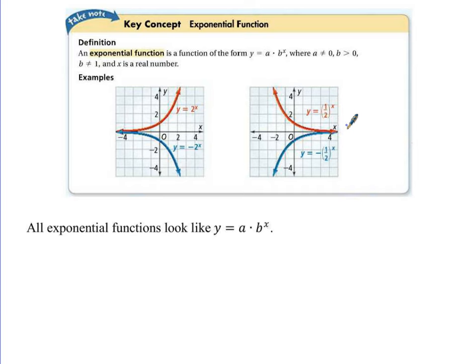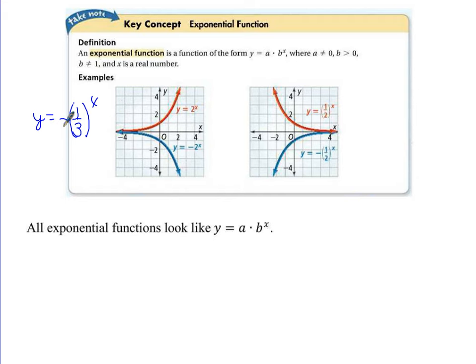Especially if I gave you a multiple choice question. Multiple choice question, I show you all 4 of these graphs and I give you this equation. Which one is the answer? Which graph does it most look like? Which color? Red or blue?